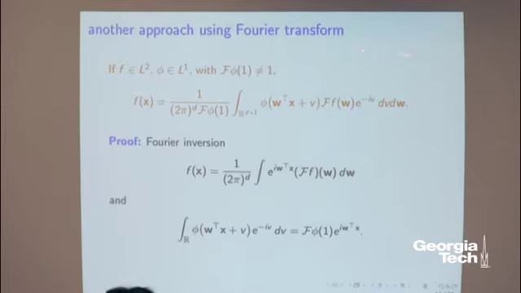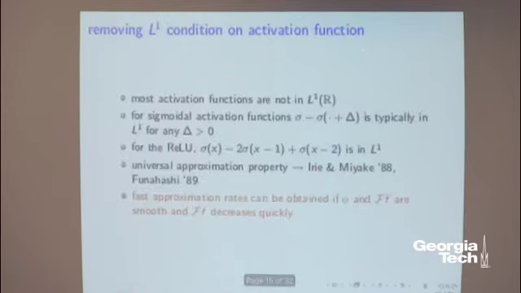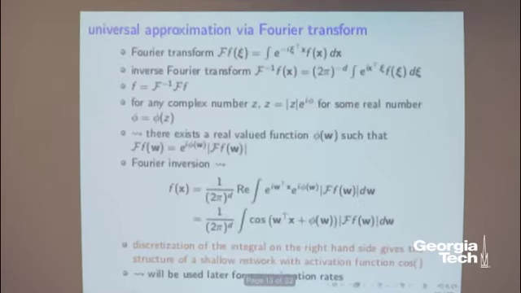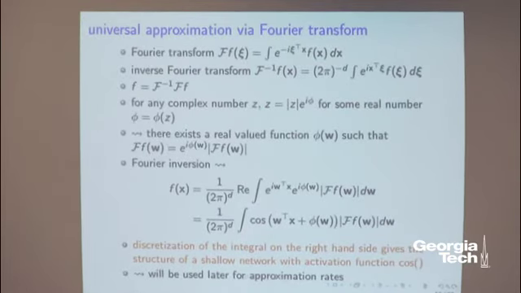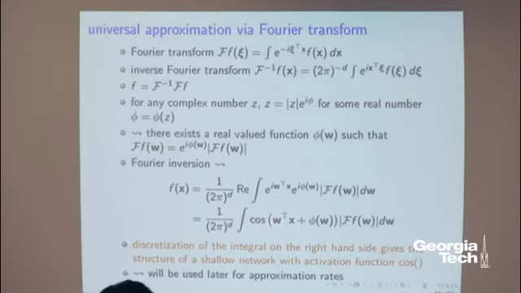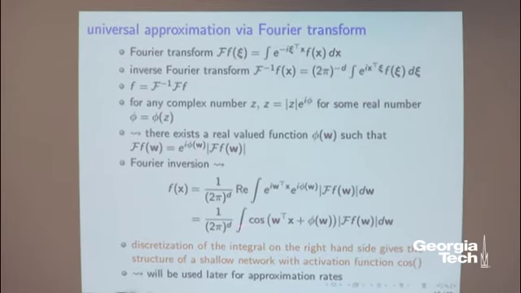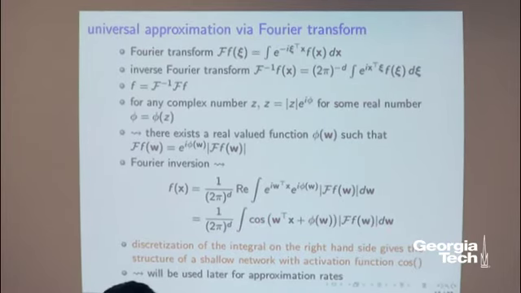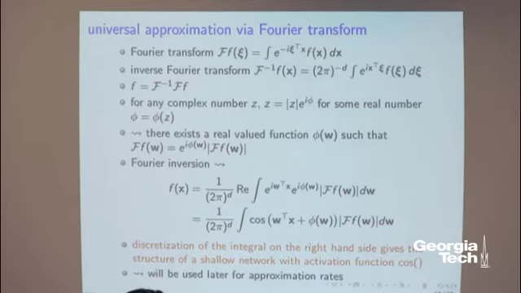Another approach using the Fourier transform. So here, okay, sorry. Here's again the problem: this is essentially a shallow network with cosine activation, and then once you have done that, you have to go from cosine activation to other activation functions, or you can use ridge functions. It depends what you want to do.